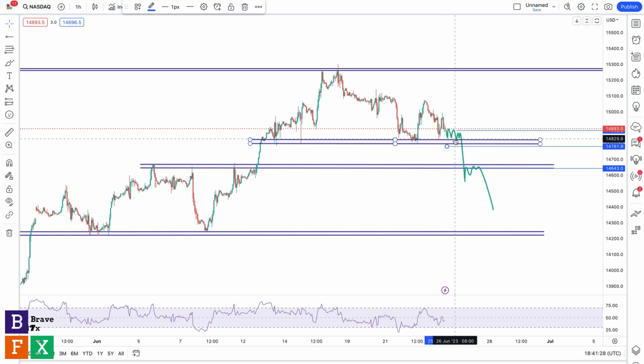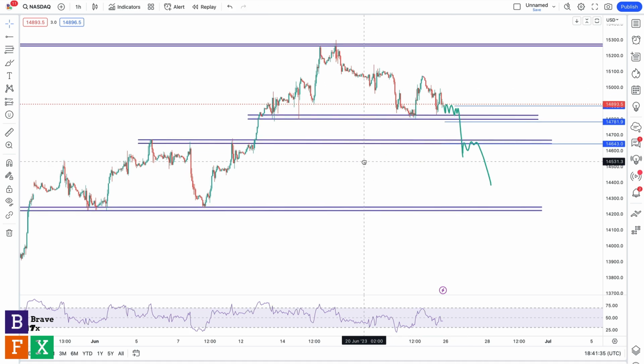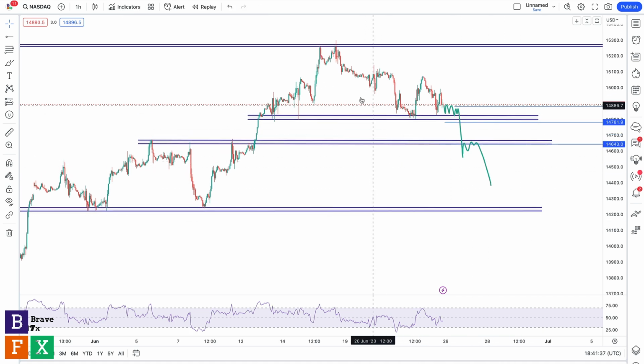But I wouldn't be trading that right now, because if you understand price action, then you understand that there's a good chance we might be heading for a price reversal, because we just got rejected at a significant area of value. So I'm going to be looking forward to taking only short positions.